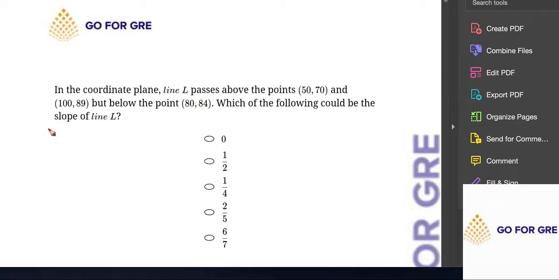What is the formula of slope? It is rise over run. If you have basic concepts, y minus y1 over x minus x1, then you can easily solve any question. I am using 89 minus 70 over 100 minus 50, so it is 19 over 50.